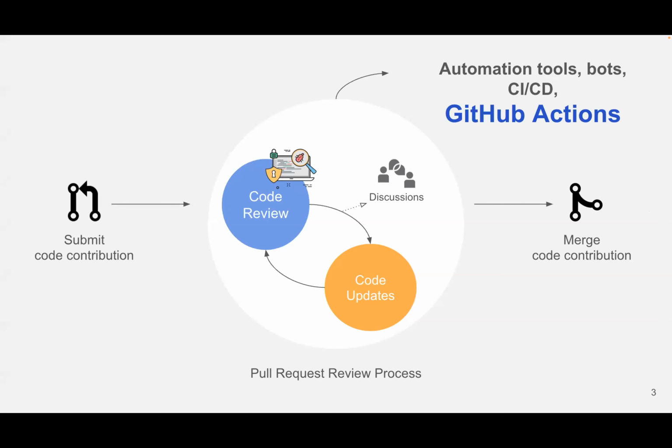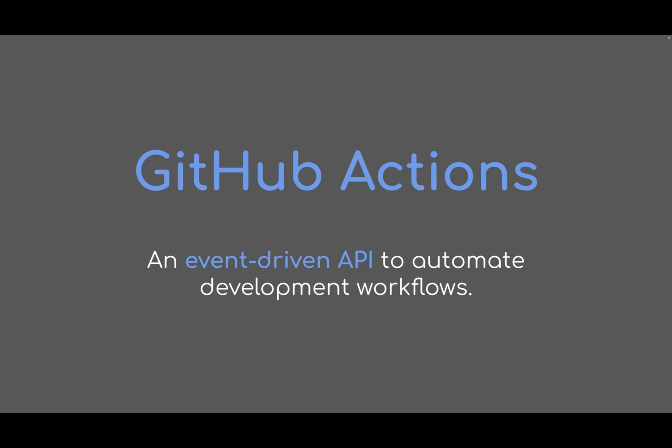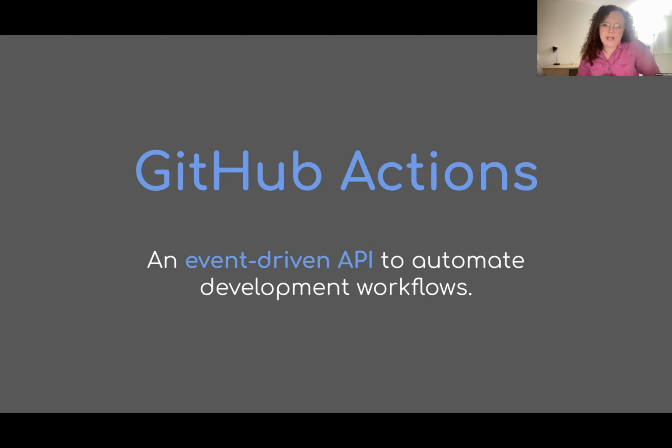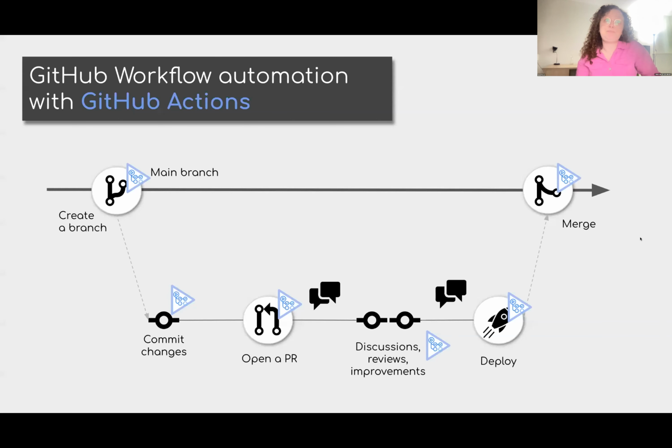And recently, GitHub introduced GitHub Actions to help automate issues and pull request workflows. We all probably know what a GitHub action is, but what we don't understand is what it does and what the implications are of using it in your repositories.